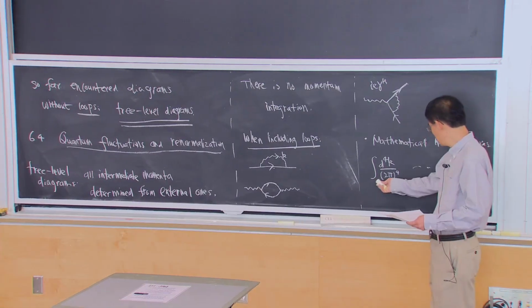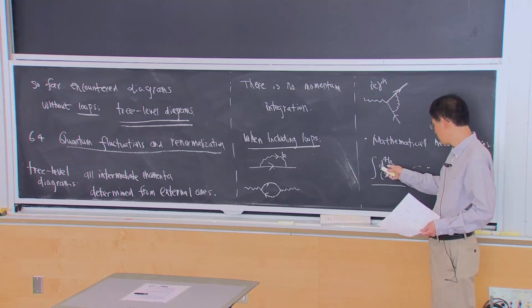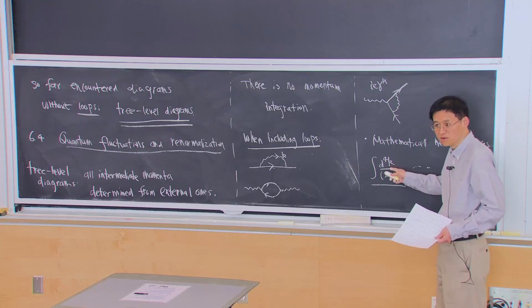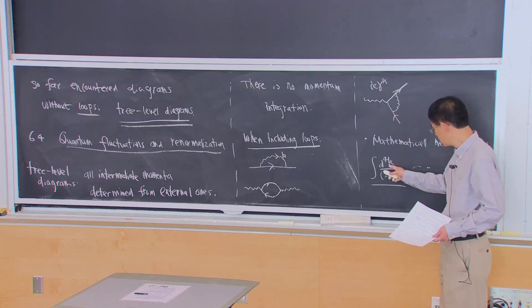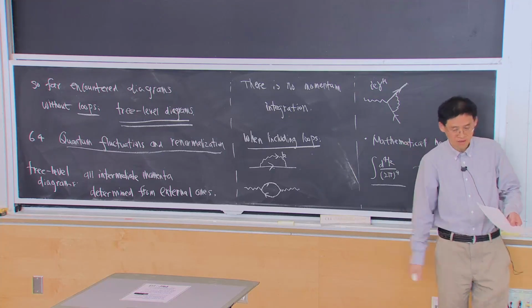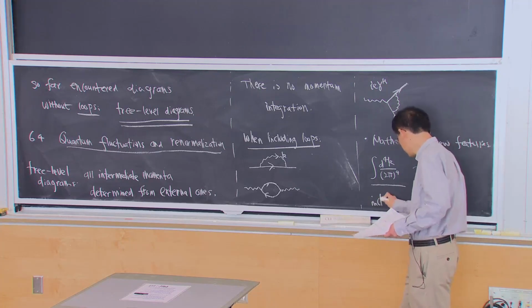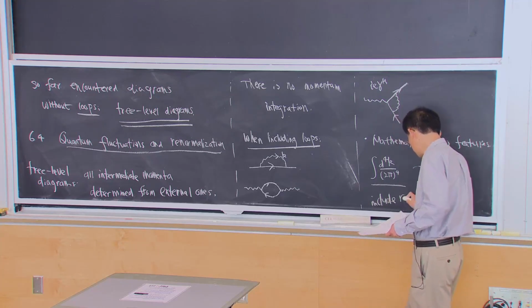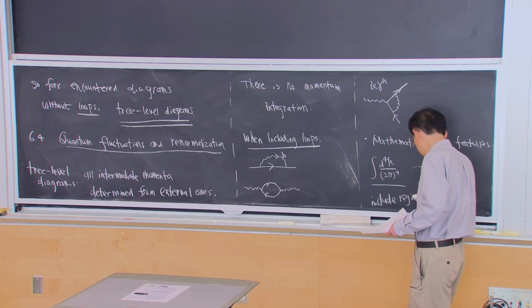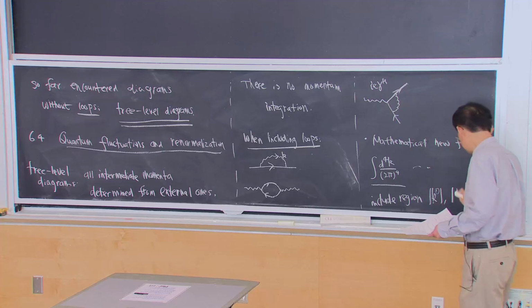because this integration, just by definition, is over all possible momentum. Each k is integrated from minus infinity to plus infinity. In particular, this includes the region where k0 can go to infinity, and the magnitude of k can also go to infinity.